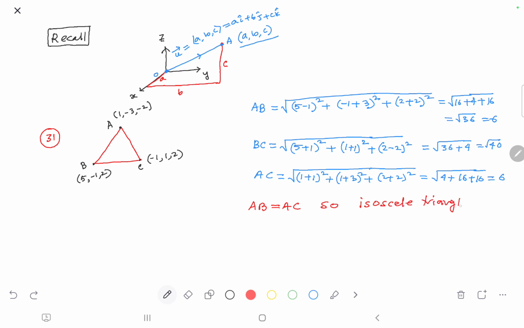So now the question here, although it is not a right angle triangle, let me tell you: if you know the lengths of the three sides of a triangle, how do you check that it is a right angle triangle?